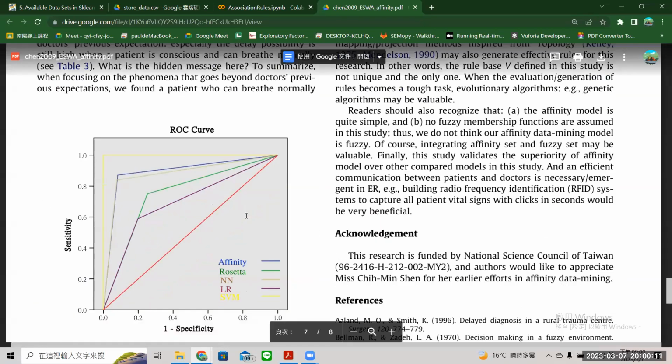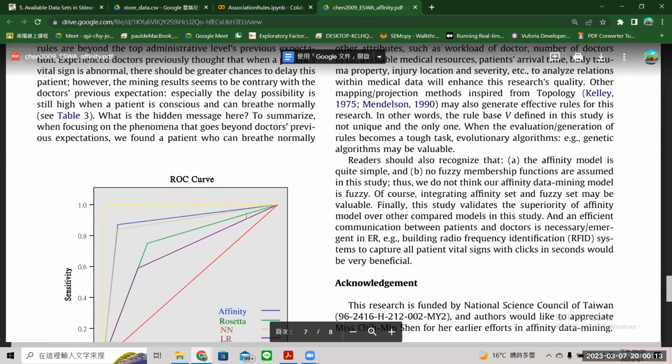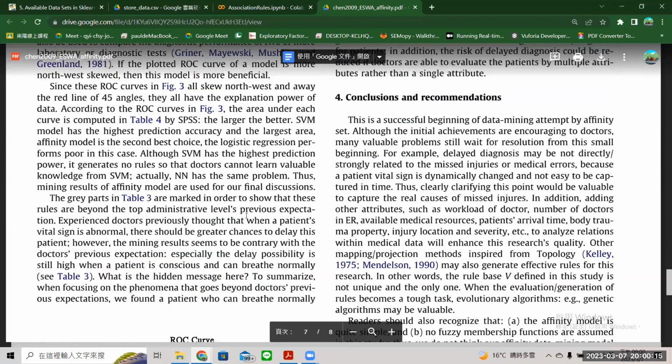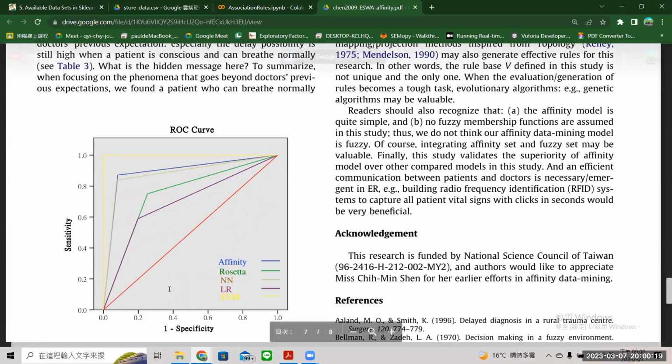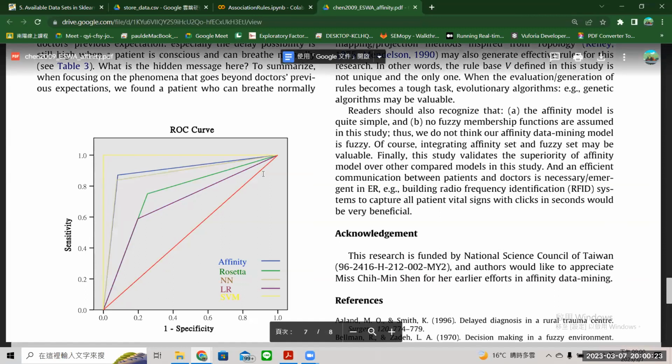If you are interested, I have a very detailed explanation about the ROC curve in this study. If your curve has a shape like this, closer to the corner, that means your model is better. So affinity, blue, is just a little behind the SVM, support vector machine, the yellow one.